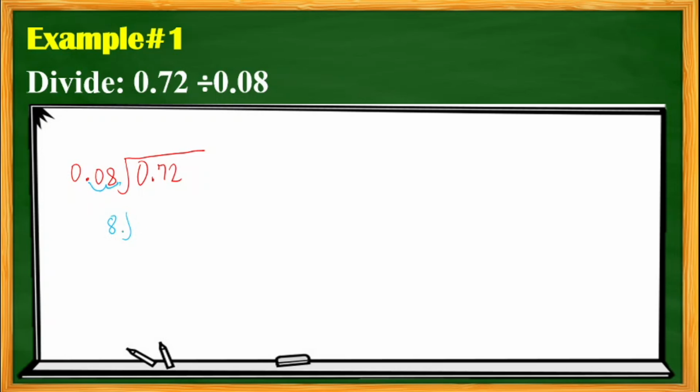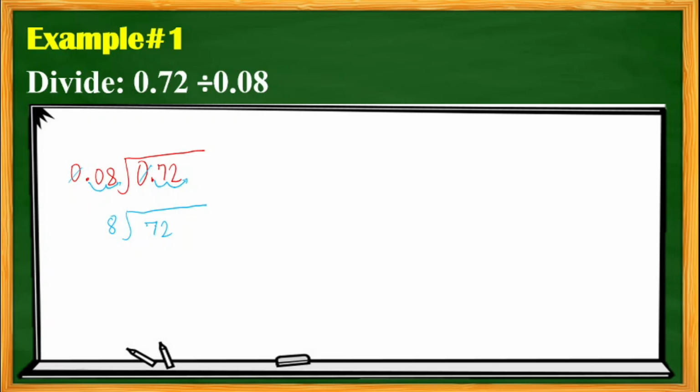Inside the long division bar, since you moved 2 places to the right in the divisor, you also move 2 places to the right in the dividend. So we have 72, the zeros cancel out.